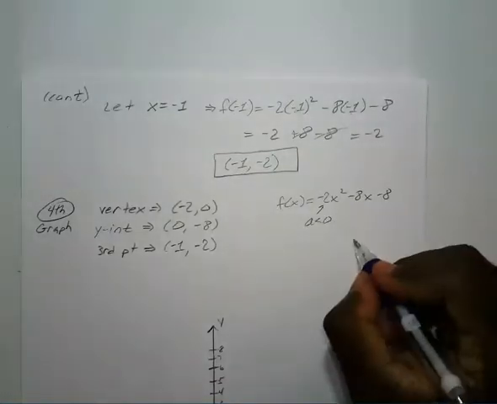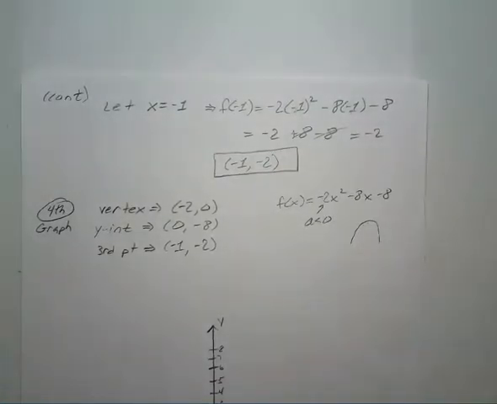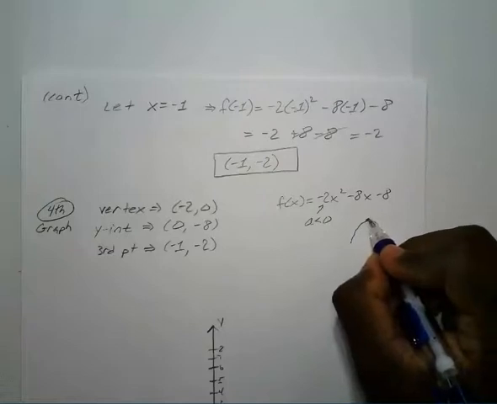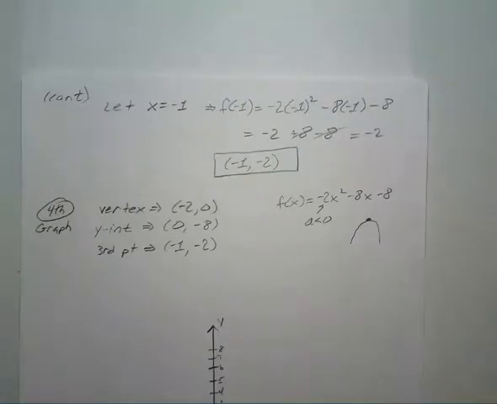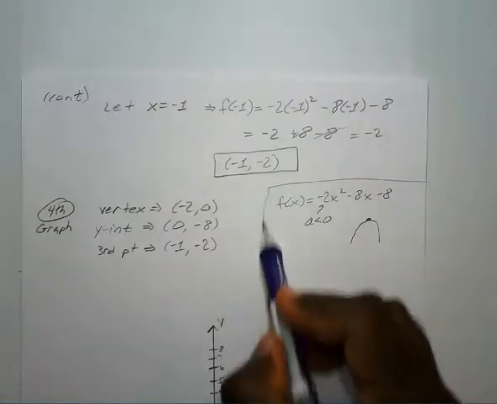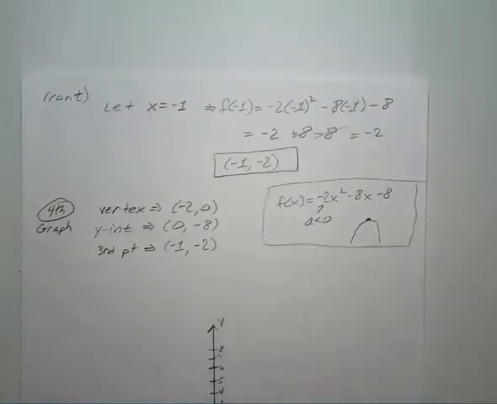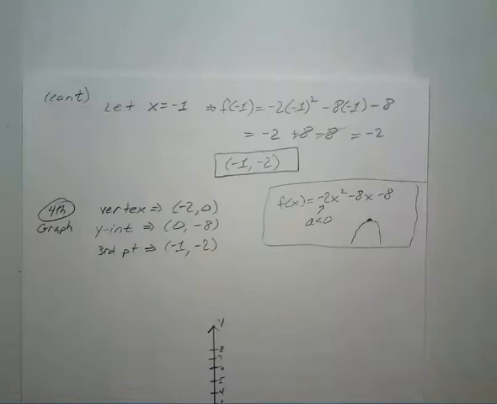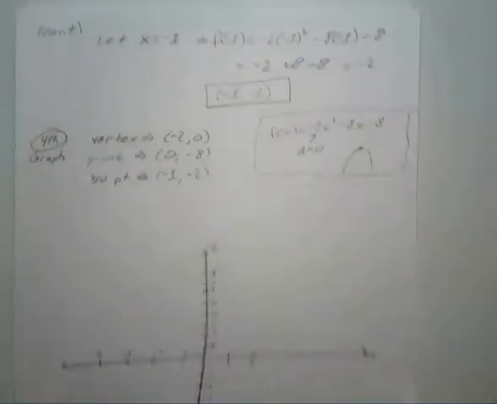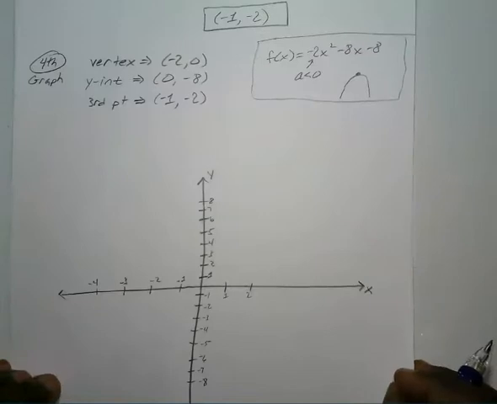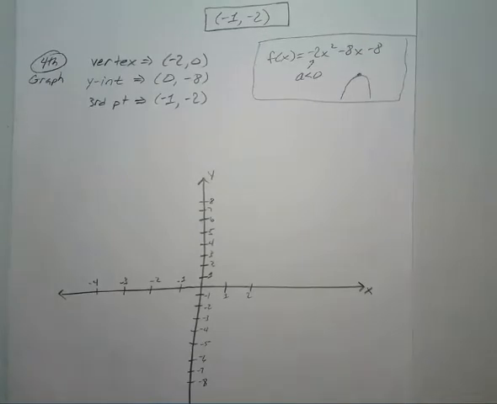So our graph is going to look something like this. It's going to be open downward with our vertex being right on top. So we kind of knew that right from the very beginning, before we started calculating anything. All right, so let's go ahead and start graphing. If you like, you can press pause and draw out your graph.